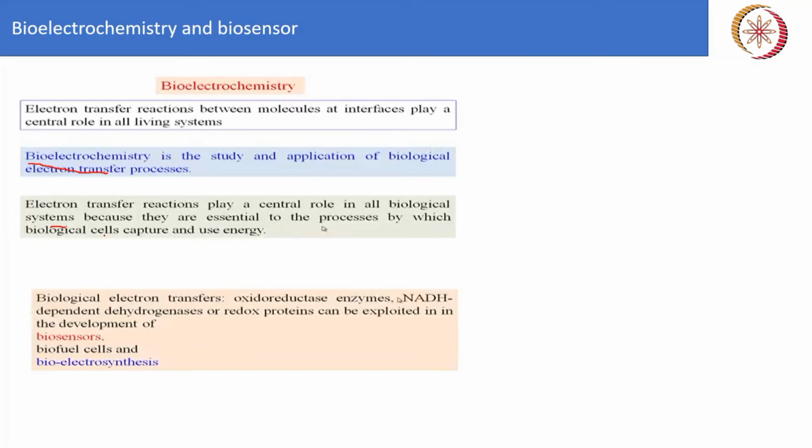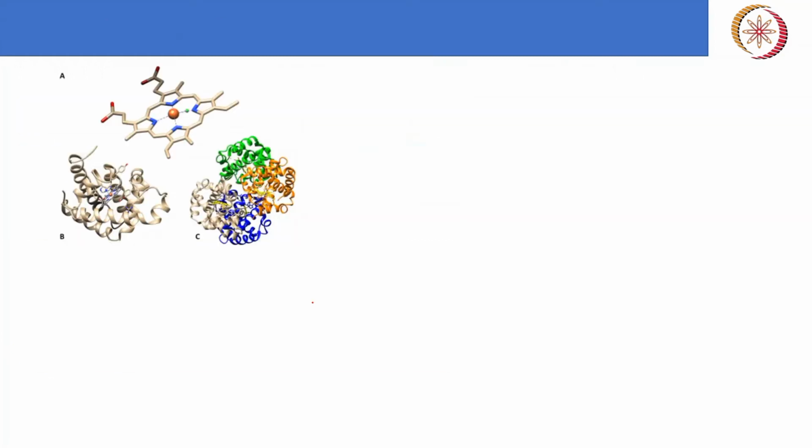In bioelectrochemistry, people usually apply this in biosensors, biofuel cells and bioelectrosynthesis. I will discuss a little bit about hemoglobin and myoglobin, which are important protein molecules, metalloenzymes in the living system.